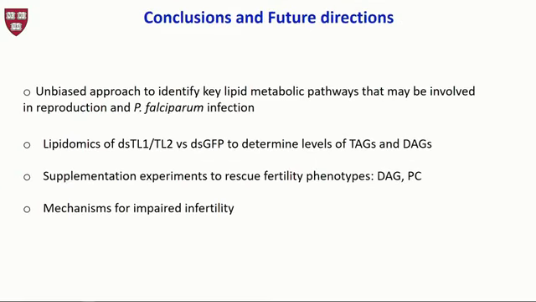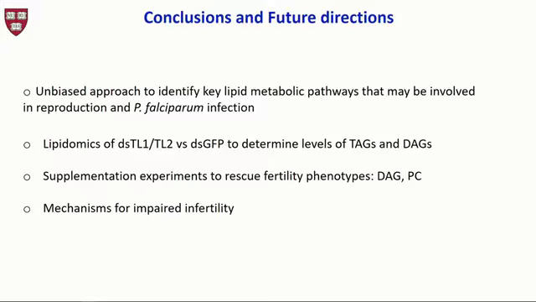So to summarize, using an unbiased approach, we have identified that a lipolytic machinery is crucial for reproduction and Plasmodium infection. We are currently doing lipidomics analysis of these mutants to really ascertain that the TAG levels are affected, because we would expect that in this mutant, the TAG levels should be high compared to controls.